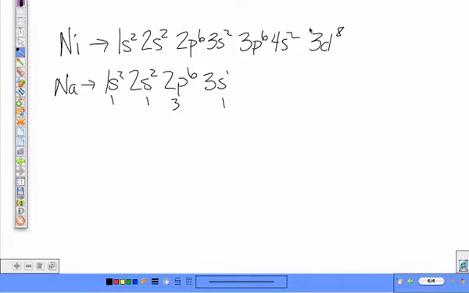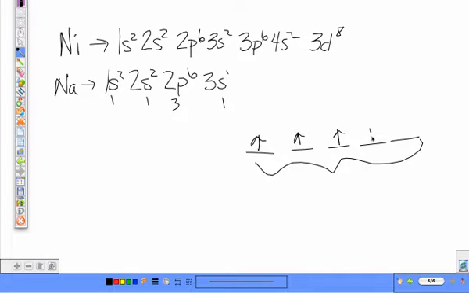How about this one? Would this one be completely full? It's not completely full, so we'd have 1, 2, 3, 4, 5, 6, 7, 8.